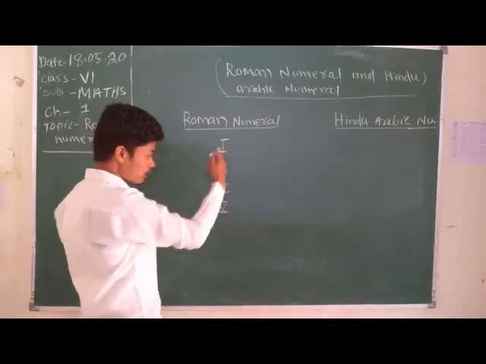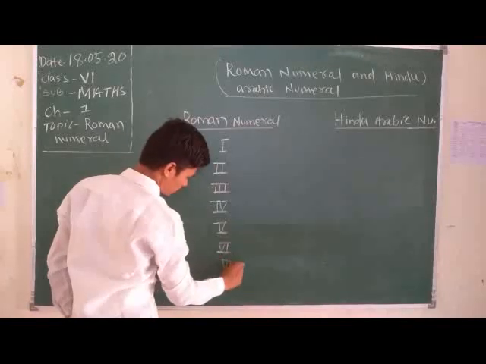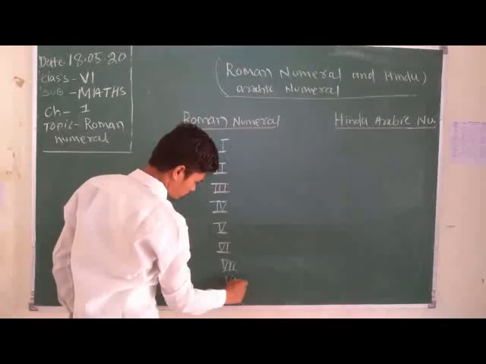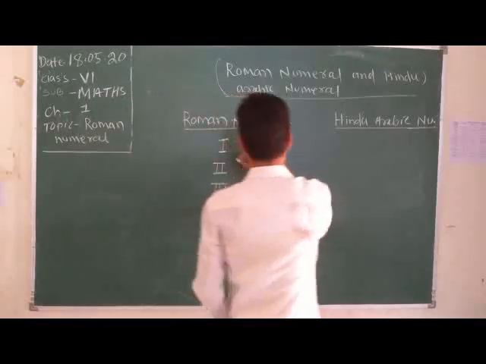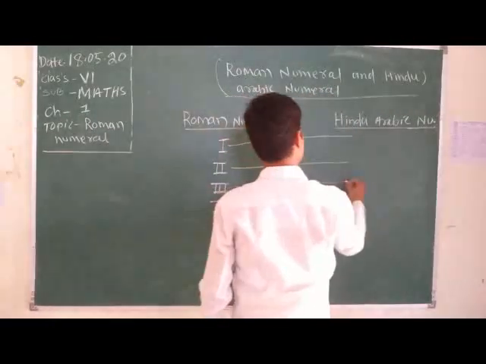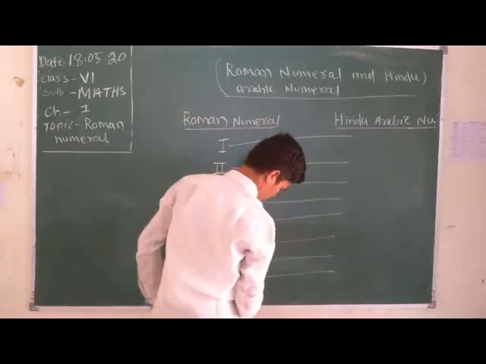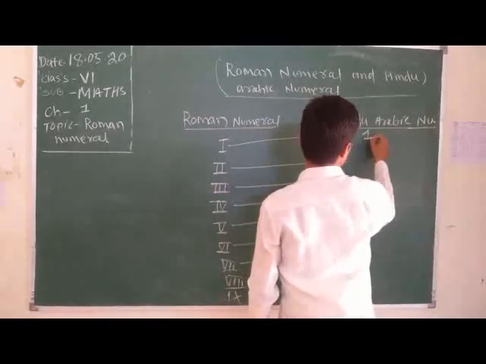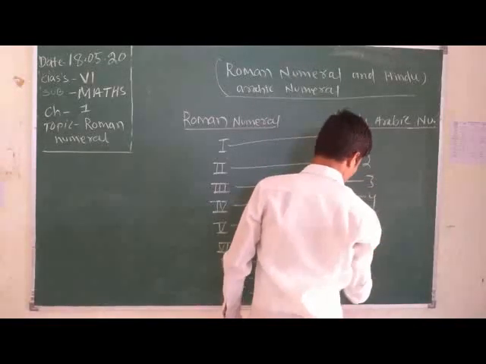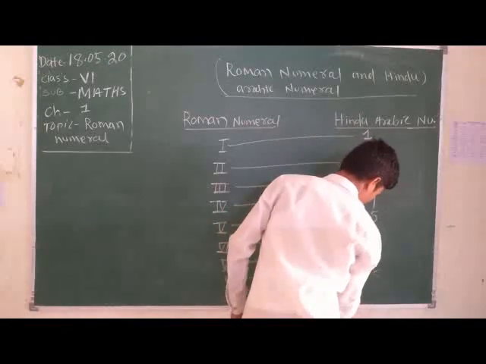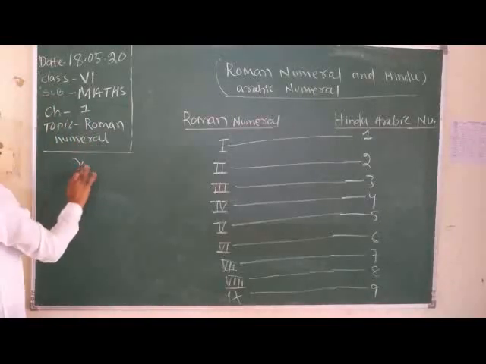5, 6, 7, 8, and 9. Instead of I, we write X, equal to 10.